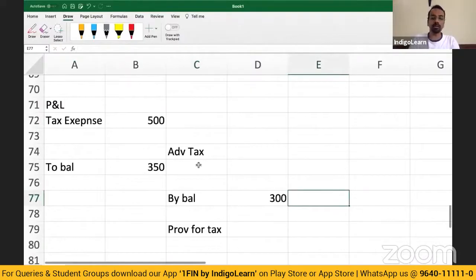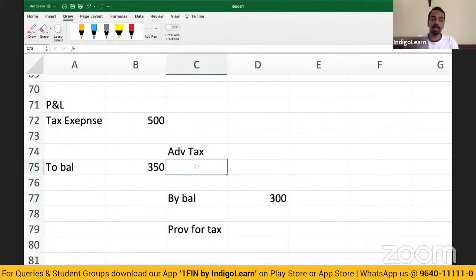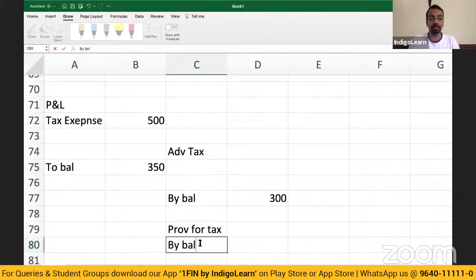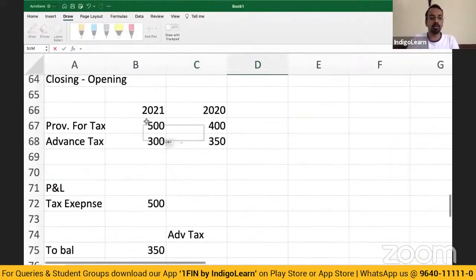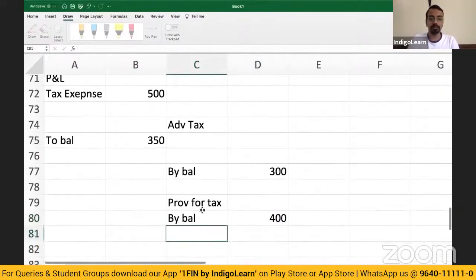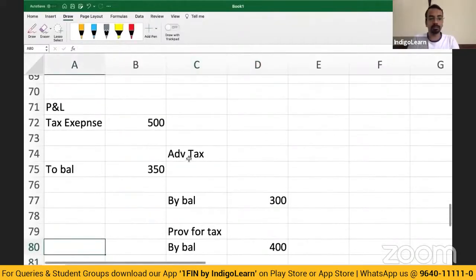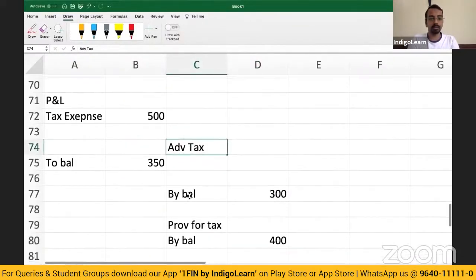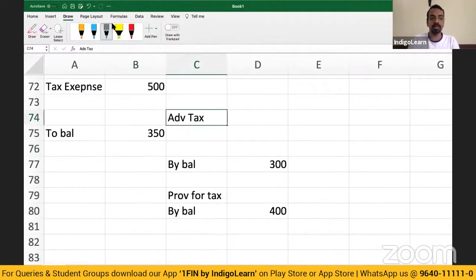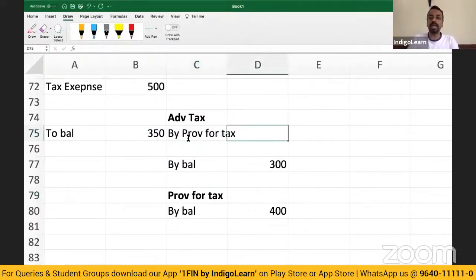So what you can assume is that this advance tax, which was paid for the earlier period, has been entirely transferred to the provision for taxation account to settle the opening liability. So in provision for tax, by balance brought down, we had 400. This opening balance of 350 will be transferred to the provision for tax account, assuming that the assessment is completed.